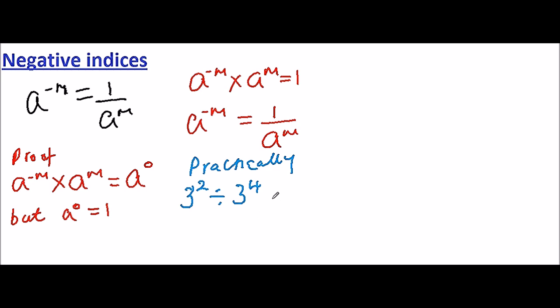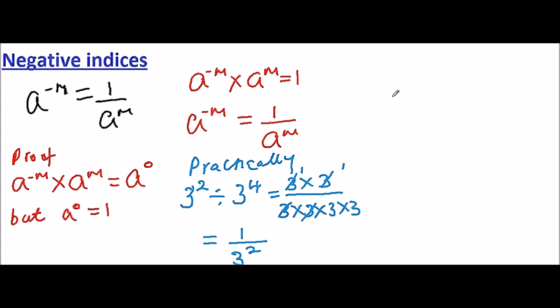We can write this as 3 multiplied by 3, that is 3 squared, divided by 3 multiplied by 3 multiplied by 3 multiplied by 3, that is 3 to power 4. We divide 3 by 3, we get 1. Divide 3 by 3, we get 1. So we conclude that this is equal to 1 divided by 3 squared.